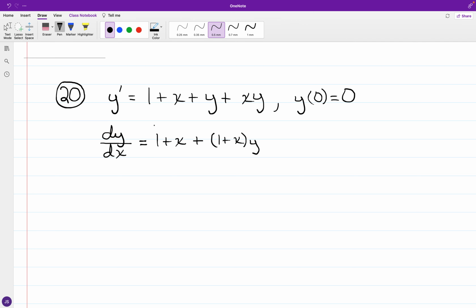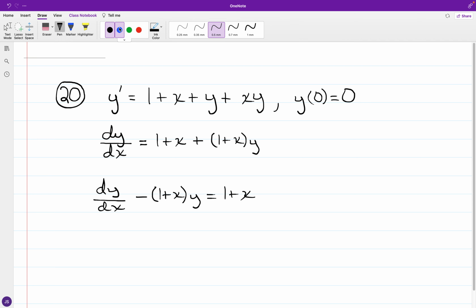And if I put this equation in first order linear standard format, I'm just going to take dy over dx minus the quantity of 1 plus x multiplied by y is equal to 1 plus x.